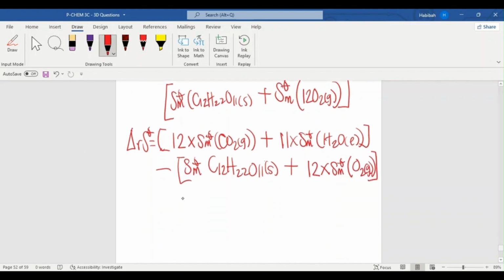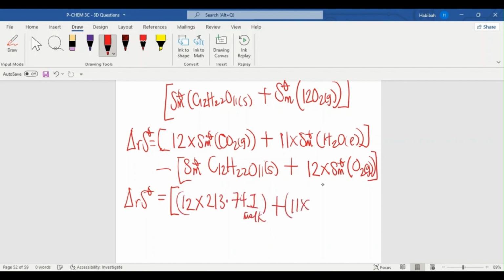So now we just simply substitute based on the information I told you guys at the beginning to pause. So the information from the resource section of our textbook. So we have 12 times 213.74 joule per mole Kelvin, plus 11 times molar entropy of H2O, that would be 69.91 joule per mole Kelvin, minus molar entropy of C12H22O11.